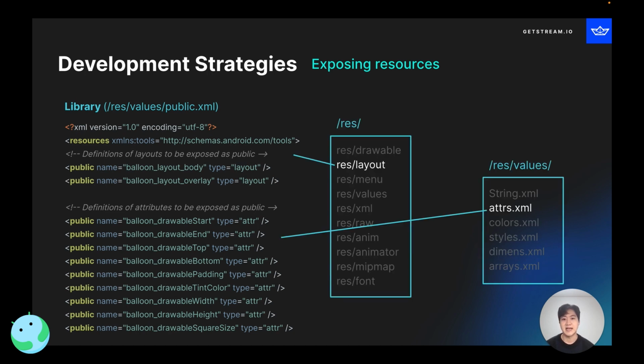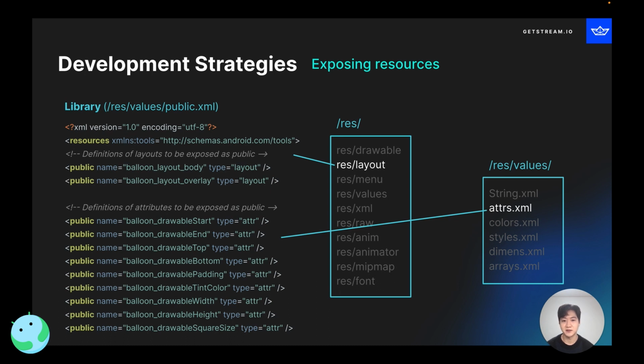So you can selectively mark which resources can be accessed by users, and the other resources will be marked as private automatically. Even if you add only one public tag for a resource, all other resources will be marked as private.